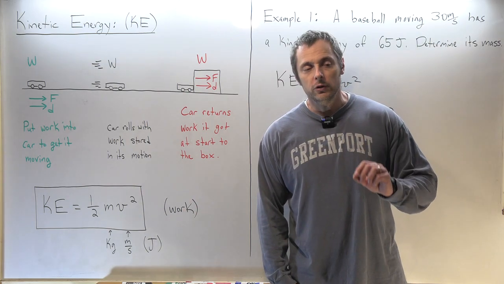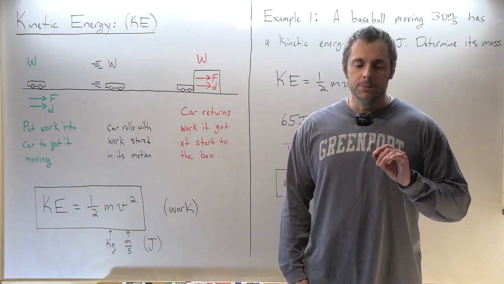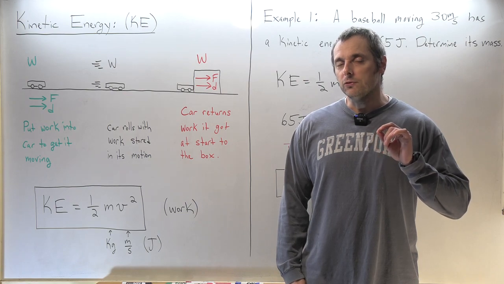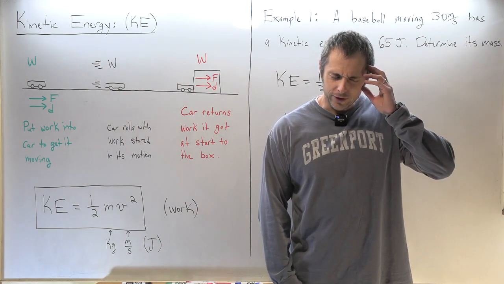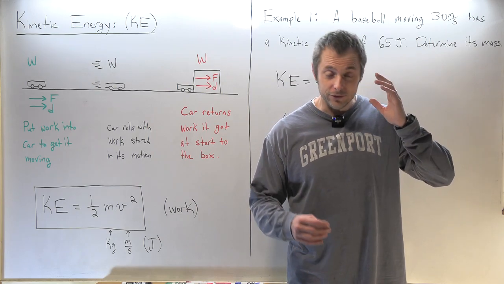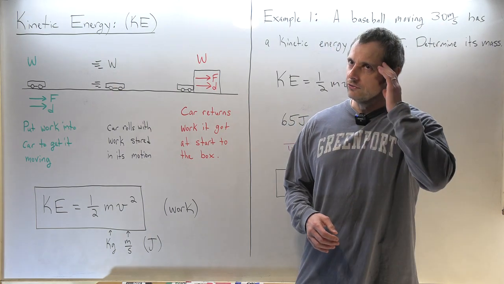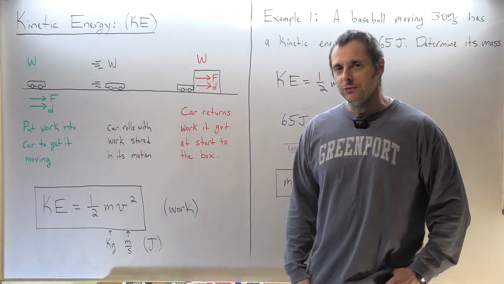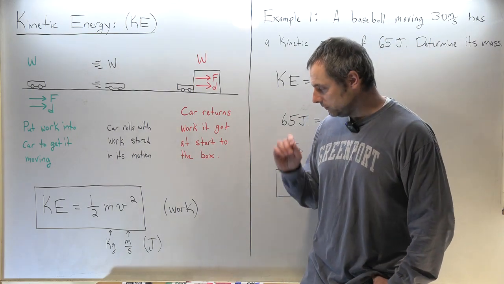A lot of times, students are thrown off in the Regents when they ask, what is the work required to get a 1 kilogram mass moving 3 meters per second? They say, work is force times distance, I don't know the force, I don't know the distance, and they're stuck. They don't realize they're asking for work, but you have to use the kinetic energy formula. You'd be surprised, a lot of people get stuck on that. So remember, it's the work.